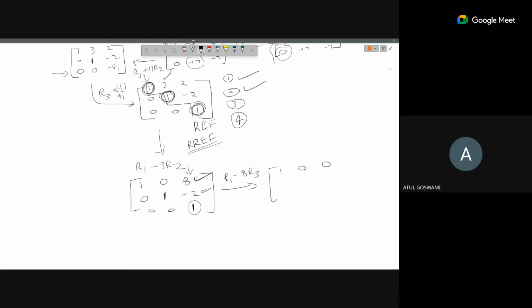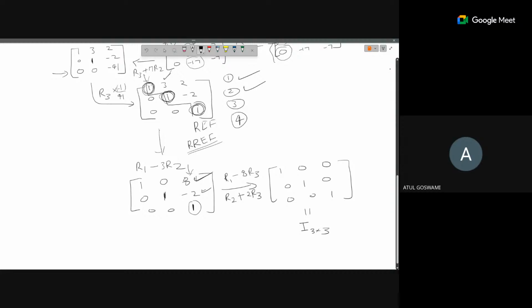And for this one, we apply row 2 plus 2 times row 3, and 0, 1, 0, 0, 0, 1. So now you know it is the identity matrix, the identity matrix of 3 by 3.